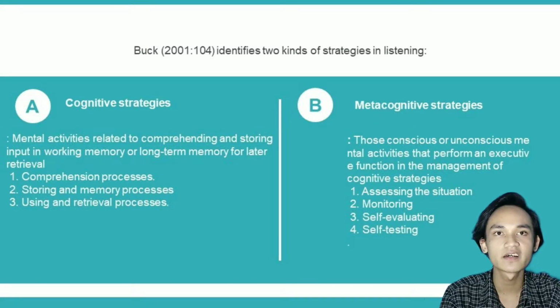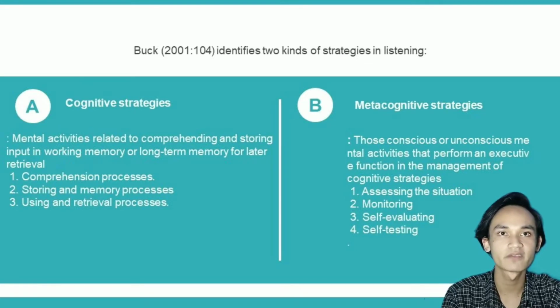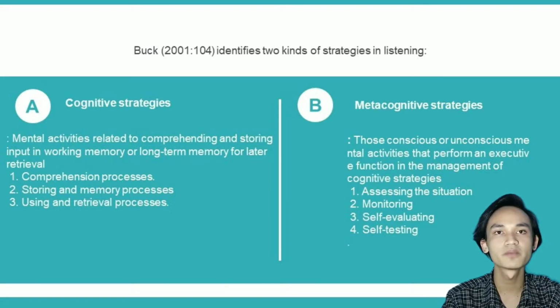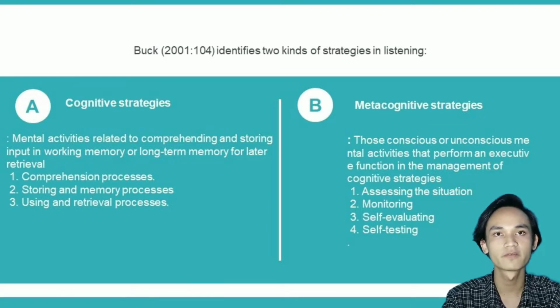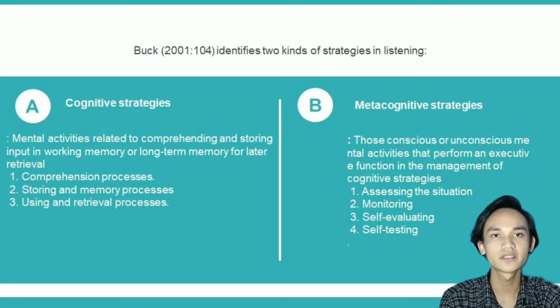The second is the storing and memory process, which is associated with the storing of linguistic and non-linguistic input in working memory or long-term memory. The third is the using and retrieval process, which is associated with accessing memory to be ready for output.